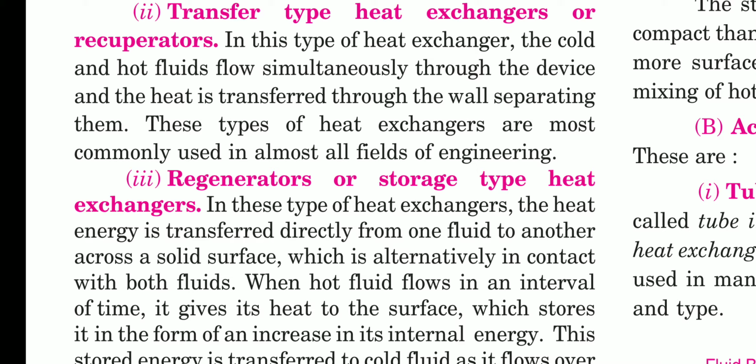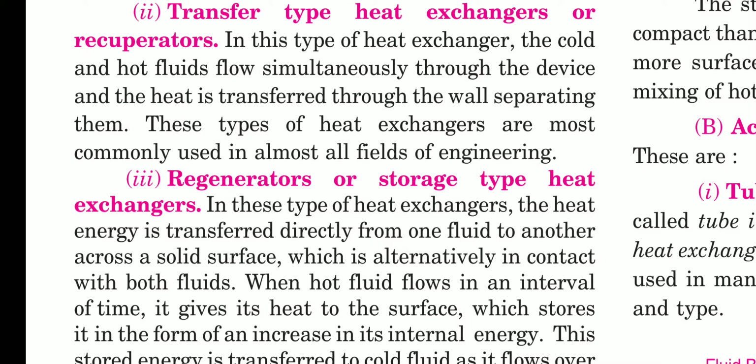So there is no direct heat exchange between the hot and cold fluid, but the hot fluid gives its heat to a storage medium, which is essentially a solid matrix, and this solid material gives heat to the cold fluid later on.